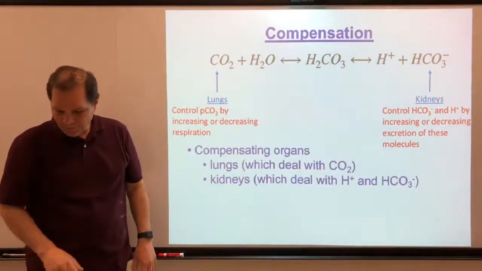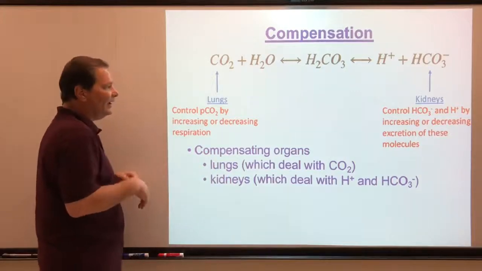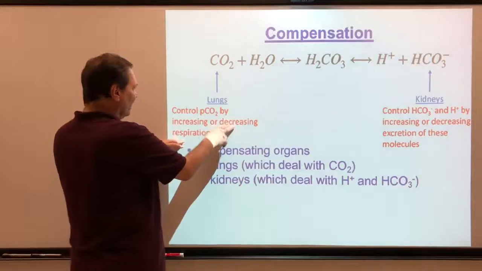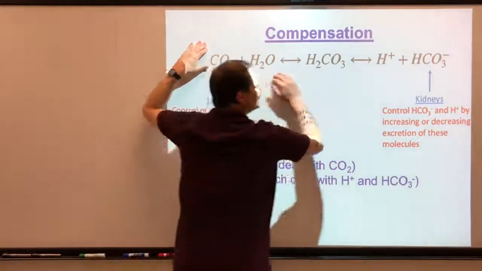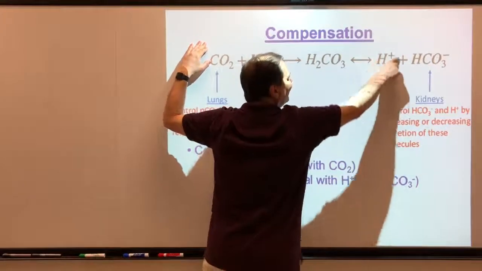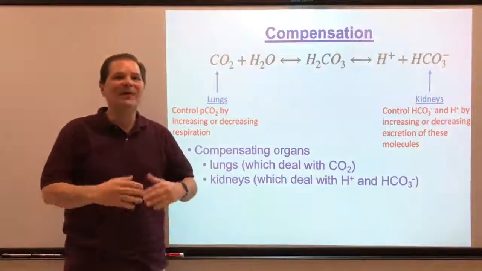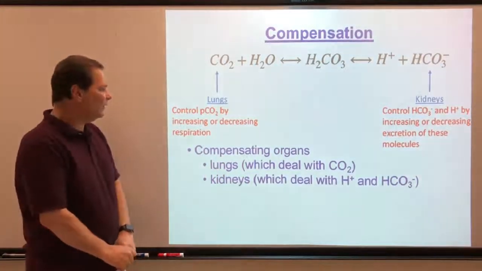So in the case of the lungs, if you have, let's say it's an alkalosis, one thing you can do is slow your respiration. That will cause carbon dioxide to build up. That will shift this equation to the right, and that will increase your hydrogen ion concentration and bring the pH back toward normal. So that would be a compensatory response, okay?